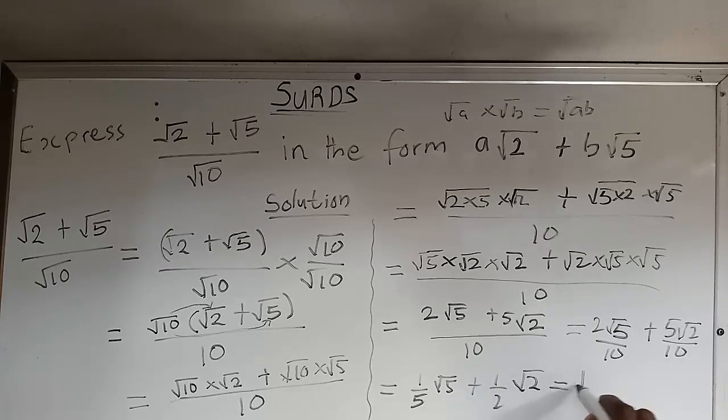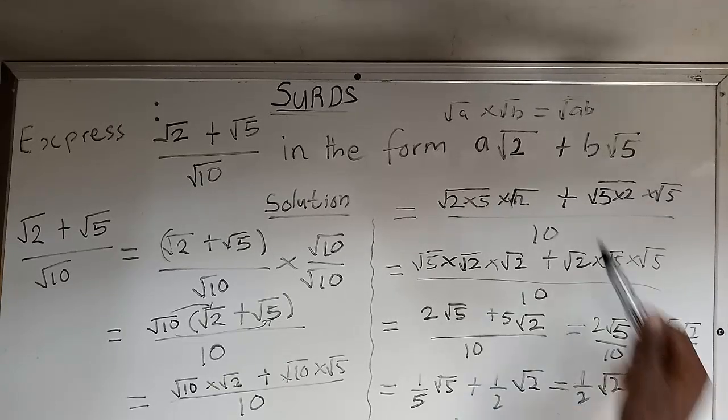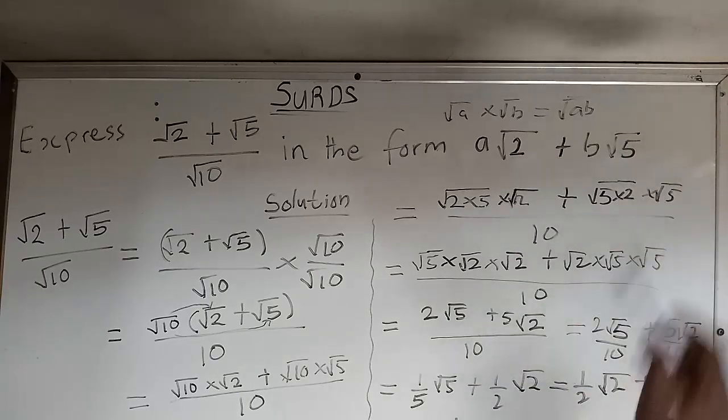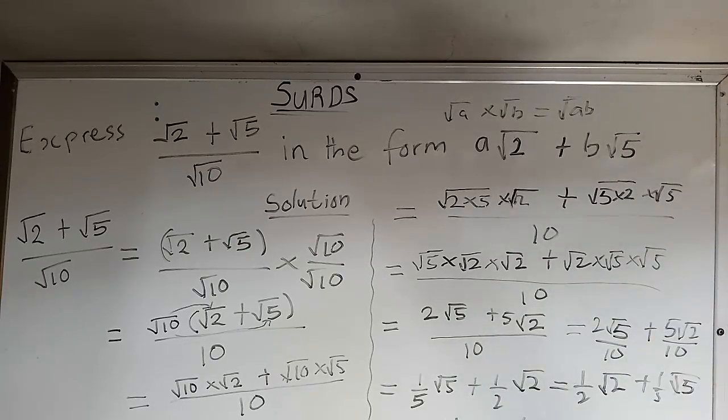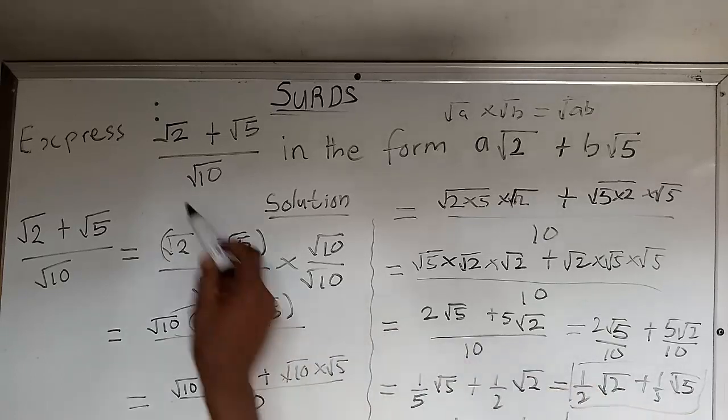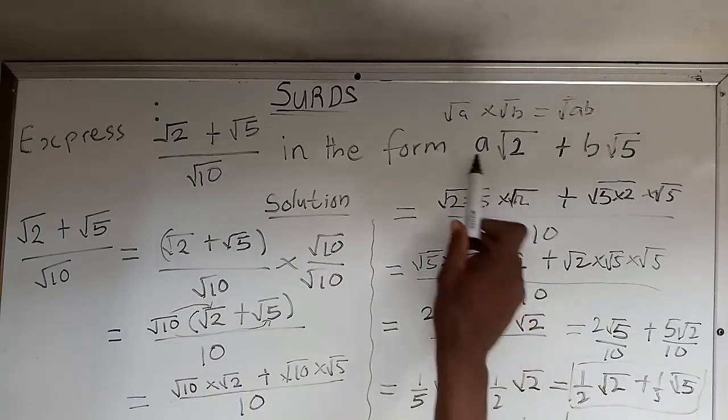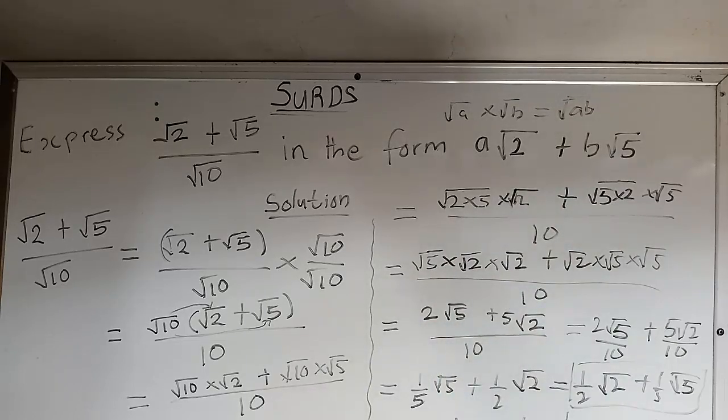So this is the same as 1 over 2 root 2 plus 1 over 5 root 5. So comparing these to a root 2, we have a to be equal to 1 over 2, and 1 over 5 root 5 to b root 5. We have b to be equal to 1 over 5. So we are able to write the given surd in the form a root 2 plus b root 5.